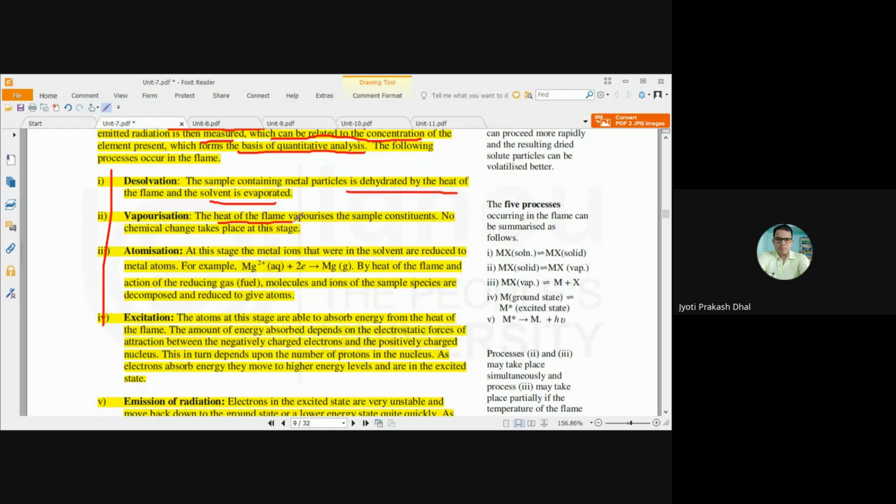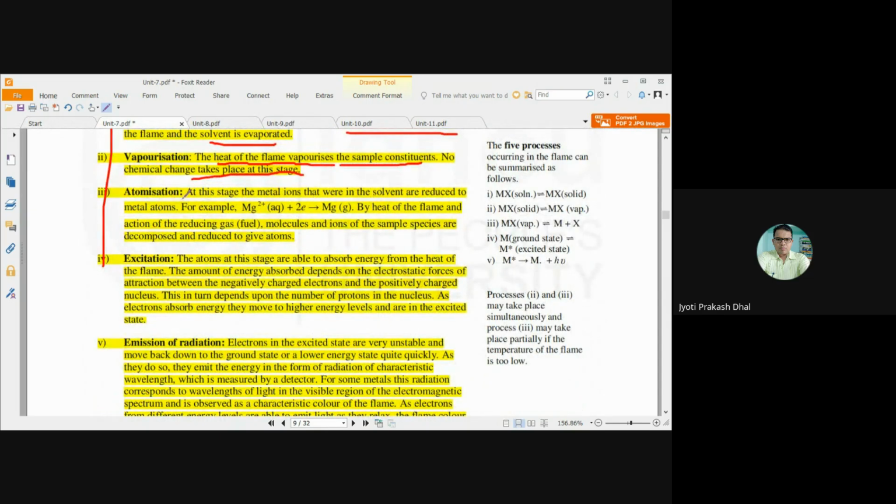The heat of the flame vaporizes the sample constituent. No chemical change takes place at this stage. Then atomization. At this stage, the metal ions are reduced to metal atoms. For example, if magnesium ions are there in the solution state, they will first be reduced to magnesium atoms in the gaseous state by the heat of the flame and the action of the reducing gas.